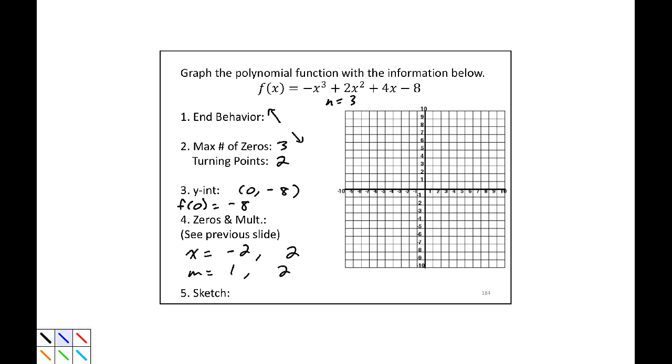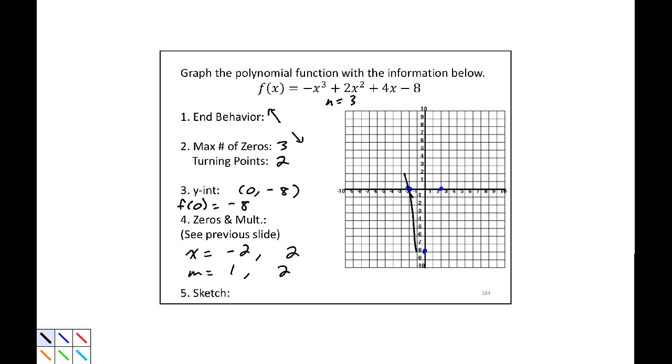So plotting those, we have negative 2, positive 2. Those are all of our x-intercepts. And our y-intercept of 0, negative 8. Now, putting that together with our end behavior, our function will be rising to the left. At negative 2, our graph will cross.